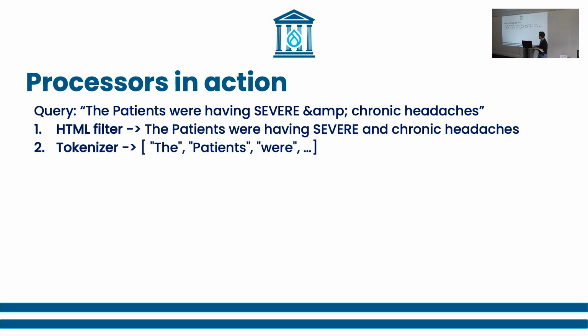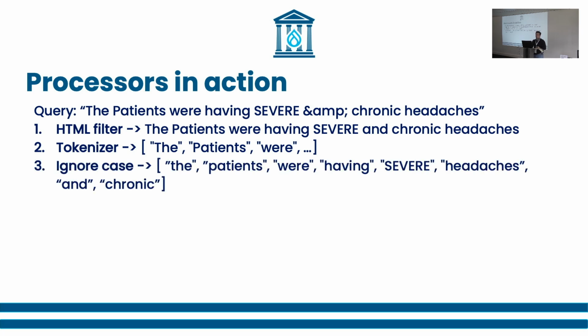Then we do the tokenizer, so it breaks the text into simple words. Ignore case makes everything lowercase, but I think I have made a mistake here because severe should also be lowercase. So imagine severe here would have been also with small letters.